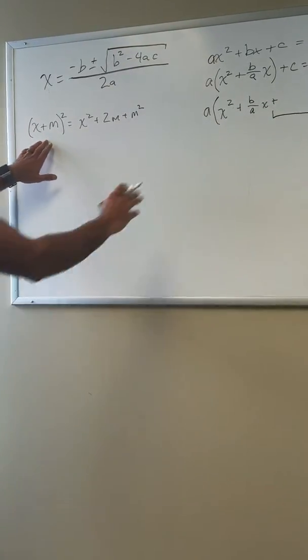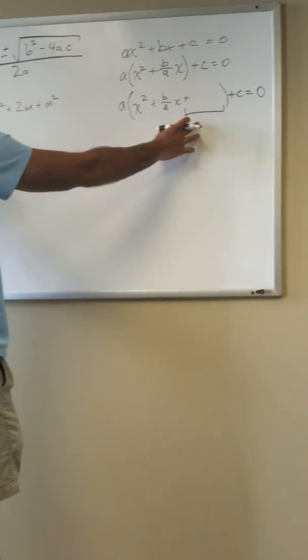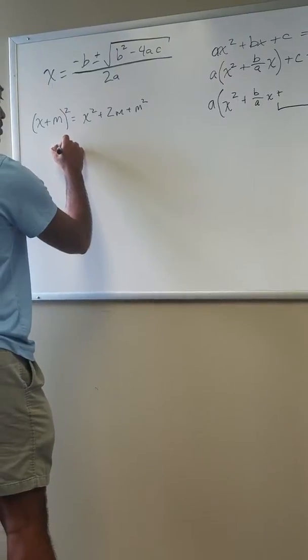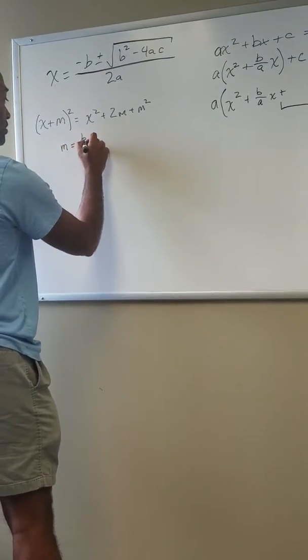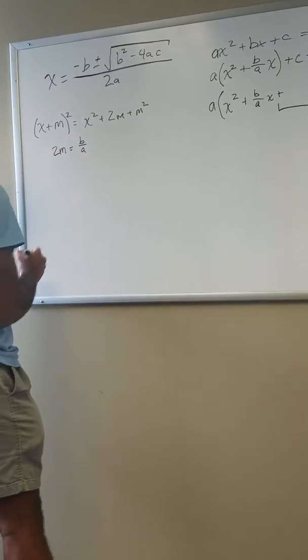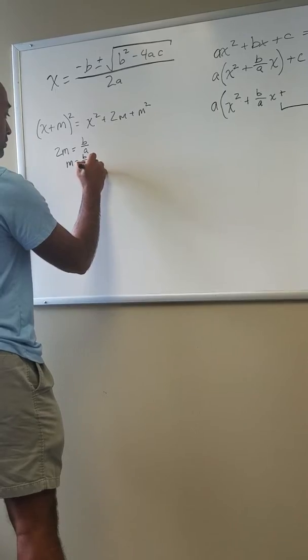So if we want to put this in the same form as this, what we need to do is set m equal to b over a. Actually, 2m equals b over a. What that means is that m is equal to b over 2a, okay?